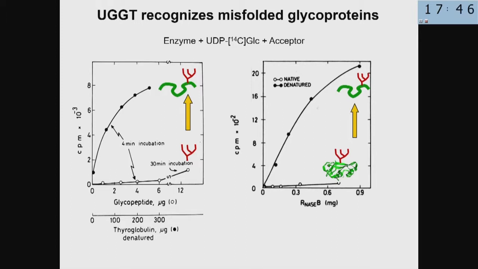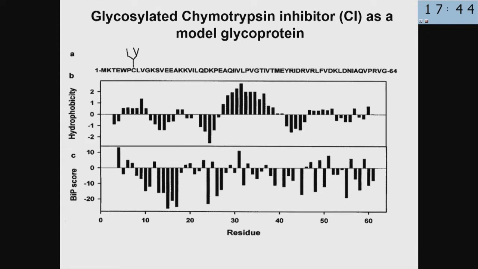So what we did was to synthesize a peptide containing 64 amino acids, and we chemically added a glycan in cysteine in position 7, and we synthesized this peptide with different lengths.